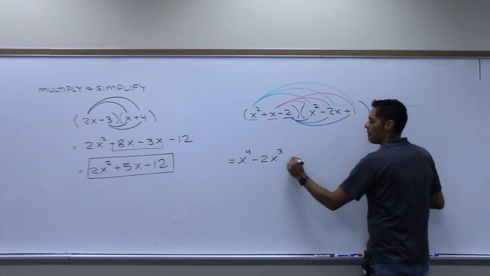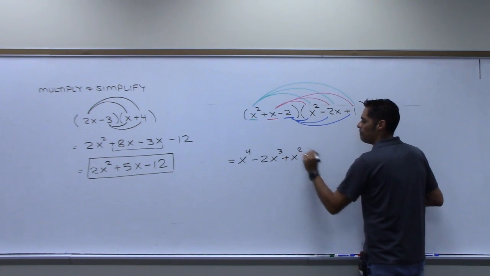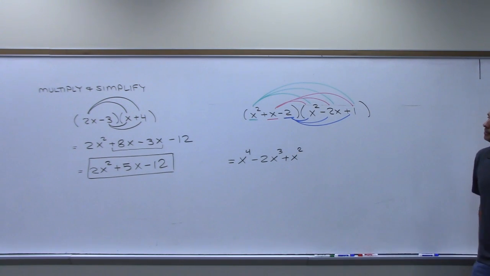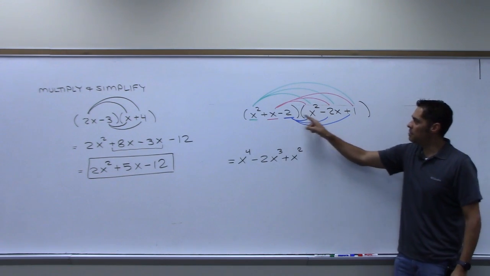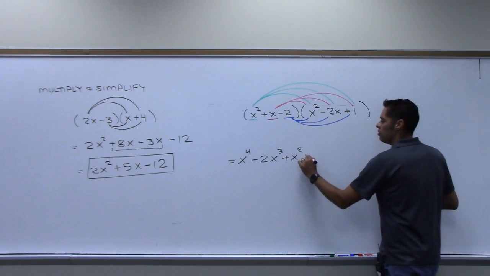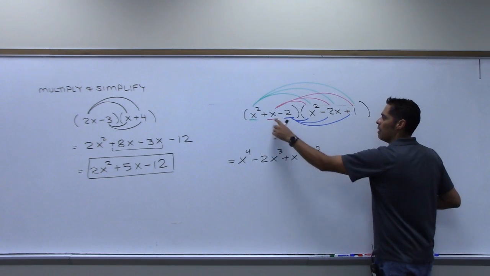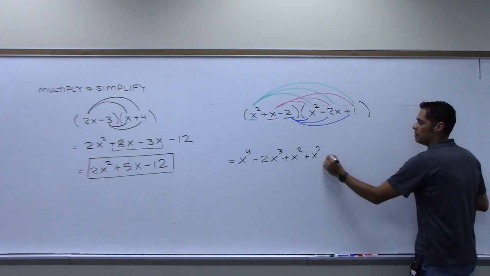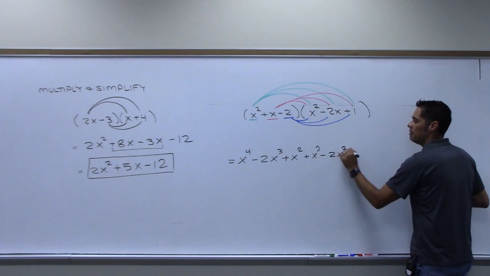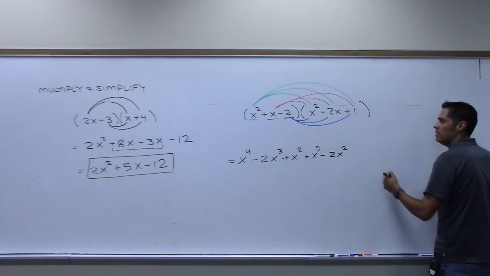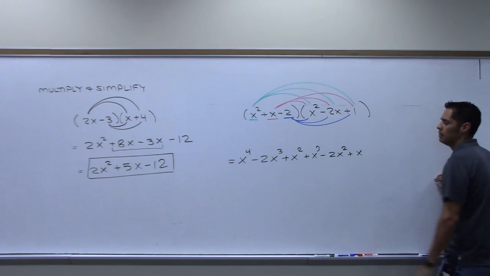Positive 1. Just plus 1x squared. So there's your first three. And now you go to the red ones. X times x squared. X cubed. X times negative 2x. Negative 2x squared. X times 1 plus x.